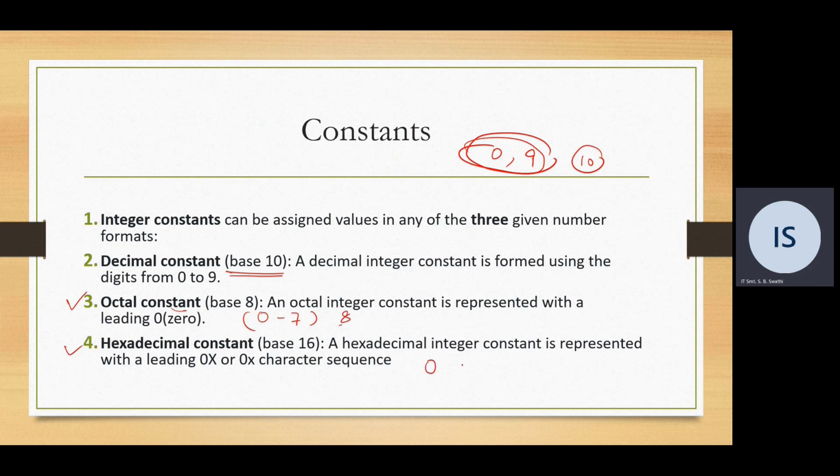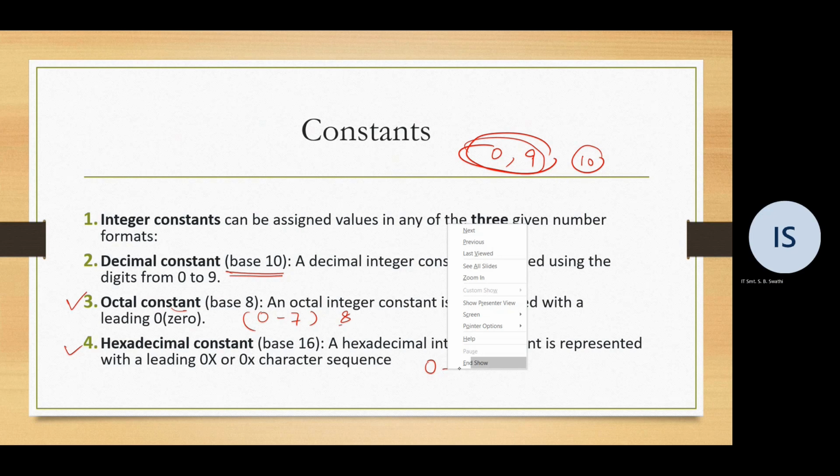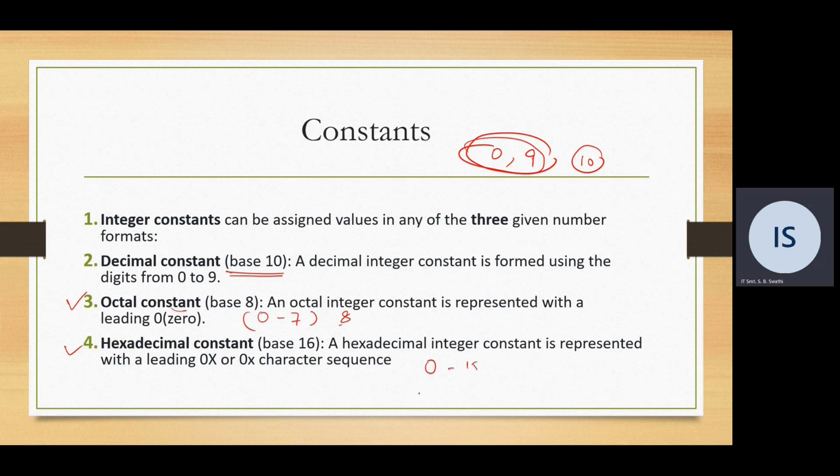Similarly, hexadecimal has numbers from 0 to 15. Among this, we have 0 to 9 numbers. After this, 10 to 15, we have capital letters, and we have 15. So these are the total numbers which we have in hexadecimal and the base is 16.